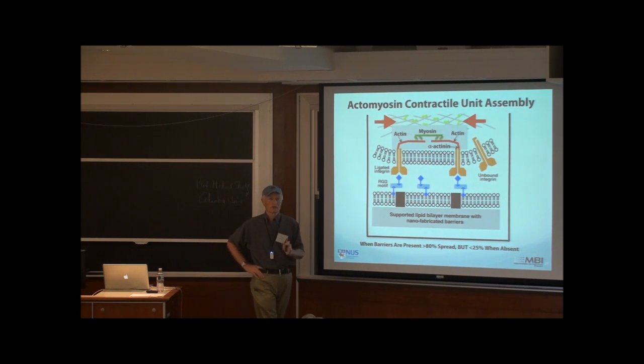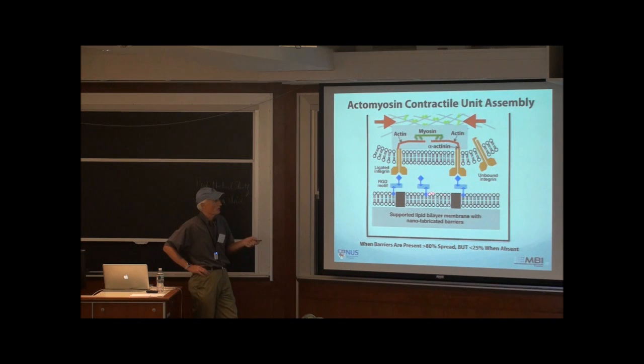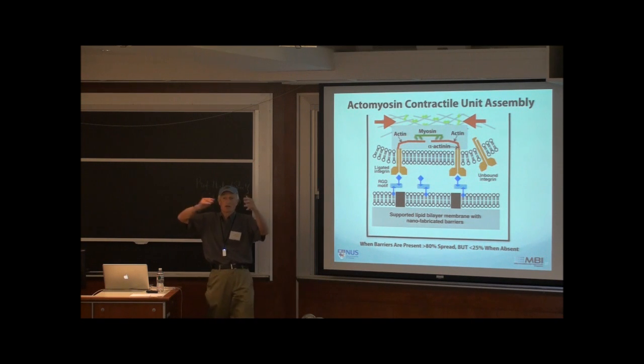What is the consequence of that pulling? If we have these barriers present, we find that 80% of the cells spread further. They activate a spreading response, whereas if the barriers are not present, less than 25% do.